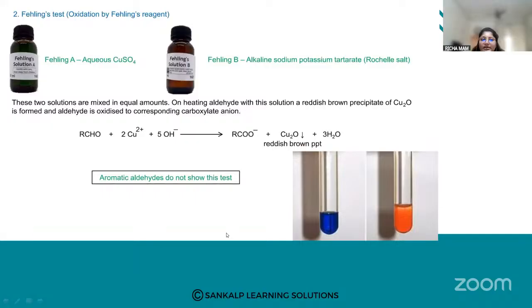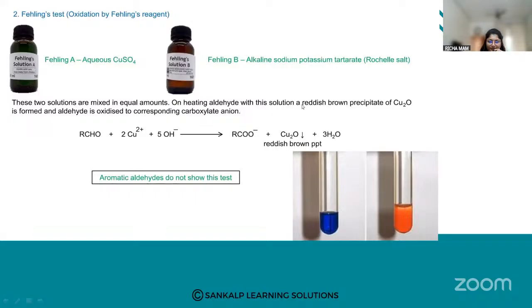We get the Fehling's solution by mixing Fehling's A and Fehling's B. Fehling's A consists of aqueous copper sulfate, and Fehling's B consists of sodium potassium tartrate, which is called Rochelle salt. Both these solutions are taken in equal amounts.